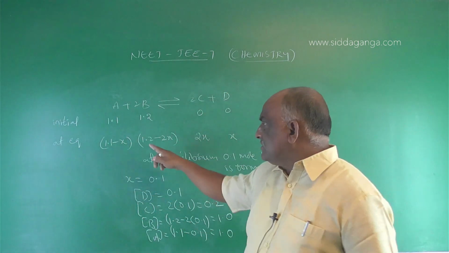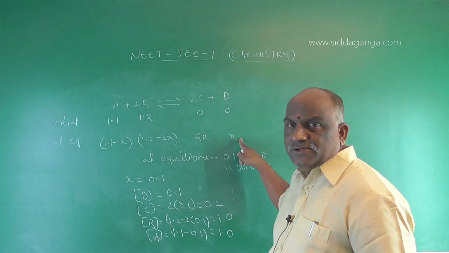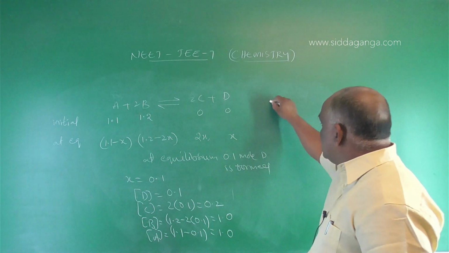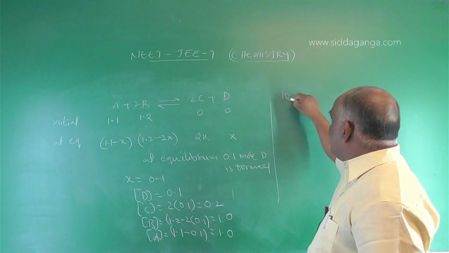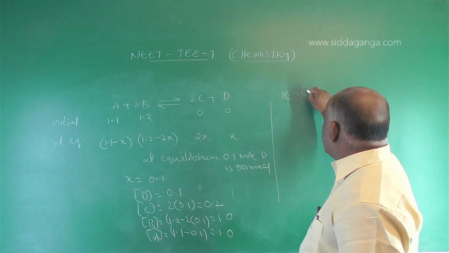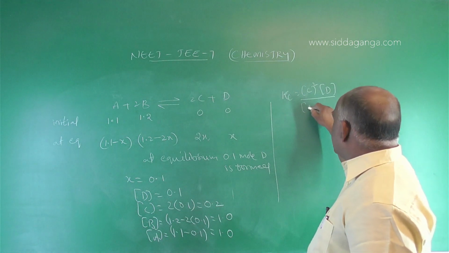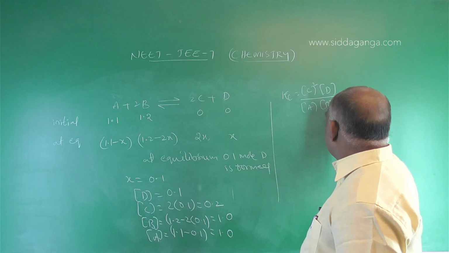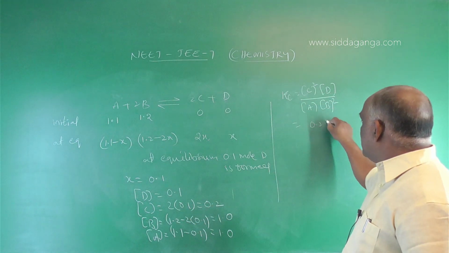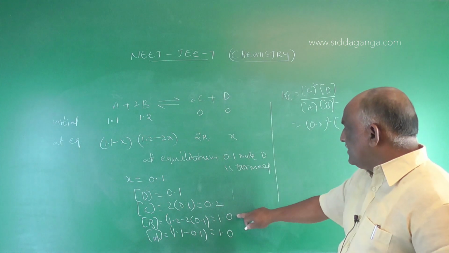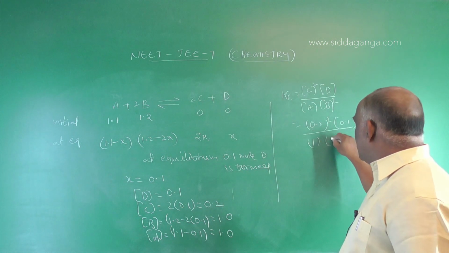Apply the x values in this equation, x is equal to 0.1. After that, what is the formula to calculate Kc? Kc is equal to concentration of C power 2 times concentration of D, divided by concentration of A and concentration of B power 2. Concentration of C is 0.2 whole square, and concentration of D is 0.1, divided by 1 into 1 square.